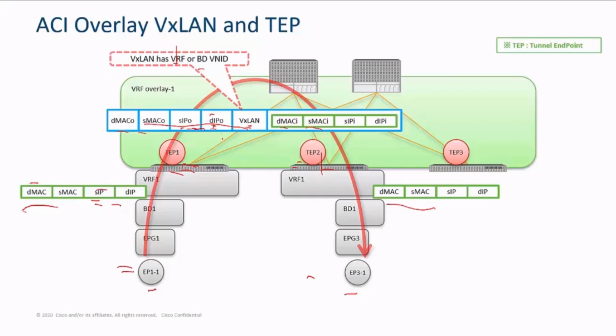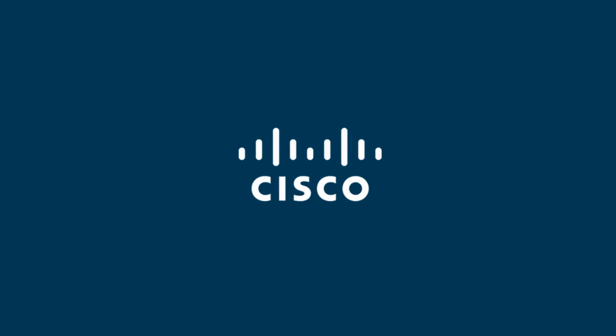And when leaf 1 adds the outer header, everything's going to be the same except for the VXLAN ID. It's going to be the VRF VNID instead of the bridge domain VNID, because we're routing traffic over the ACI fabric. All right, that's all I got.